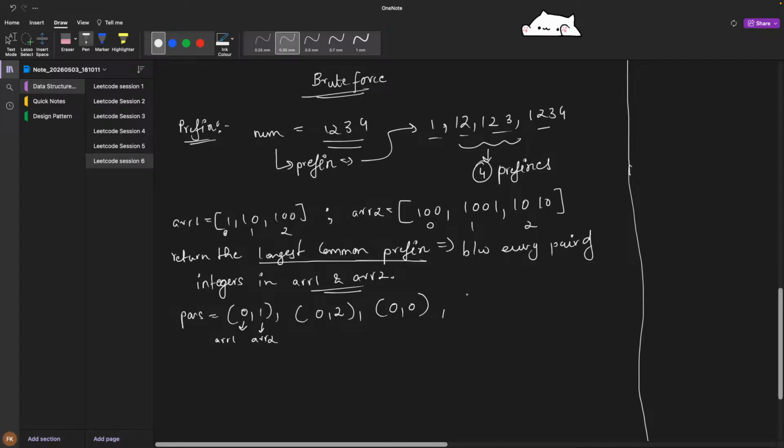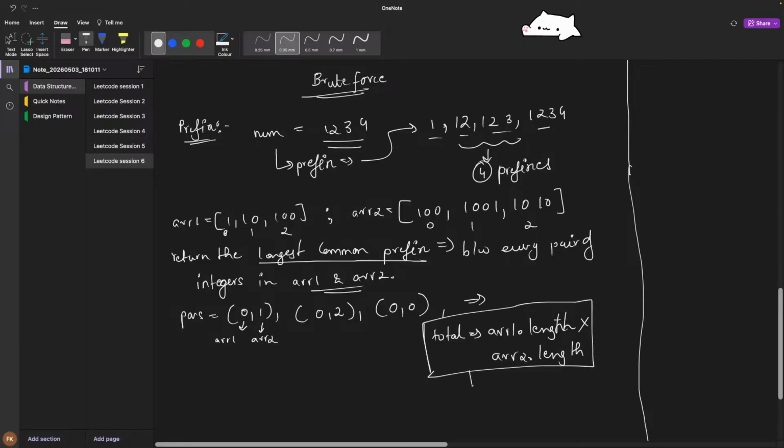In total, the number of pairs would be ARR1 dot length into ARR2 dot length.